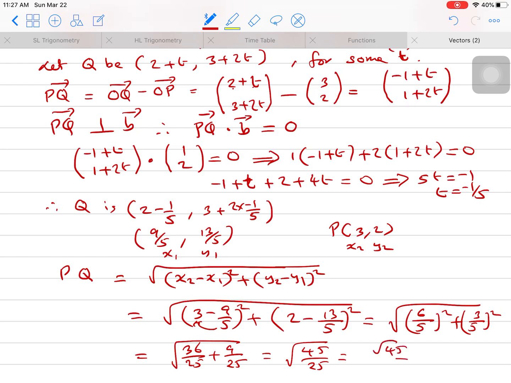Root 45 is 3 root 5, so 3 root 5 by 5 is the distance. You could do some of these calculations on your calculator, type it in and get the answer. So that's the shortest distance.